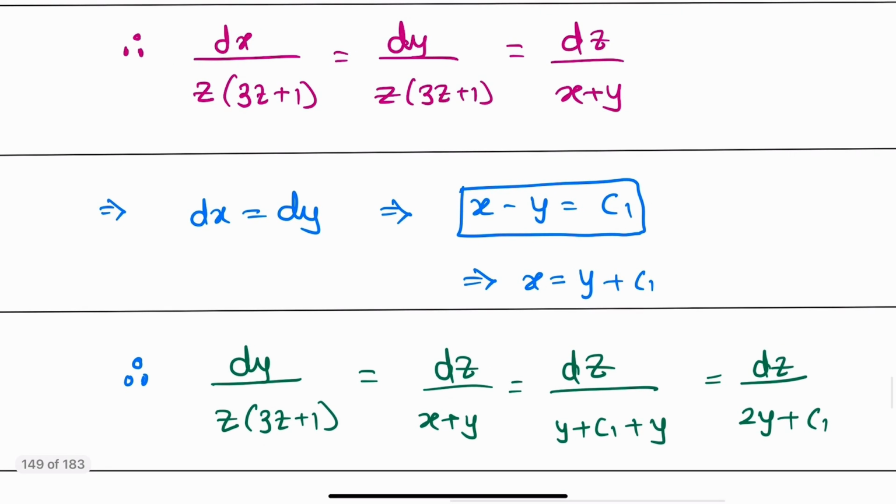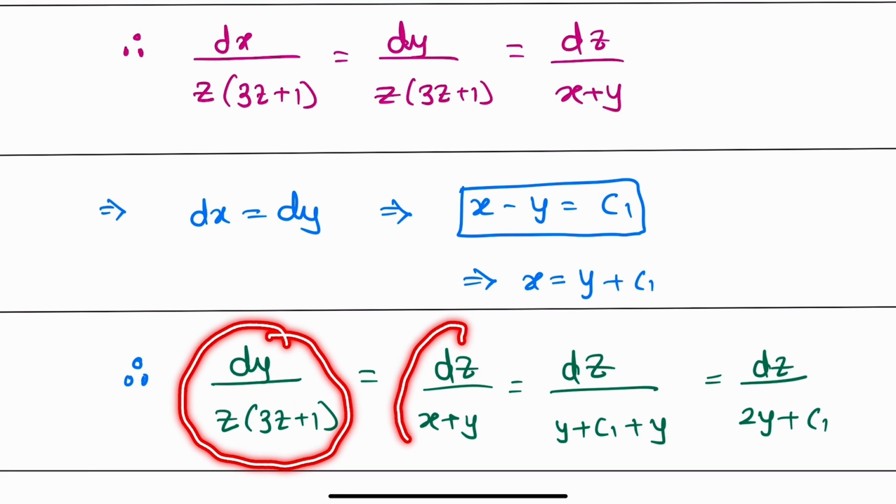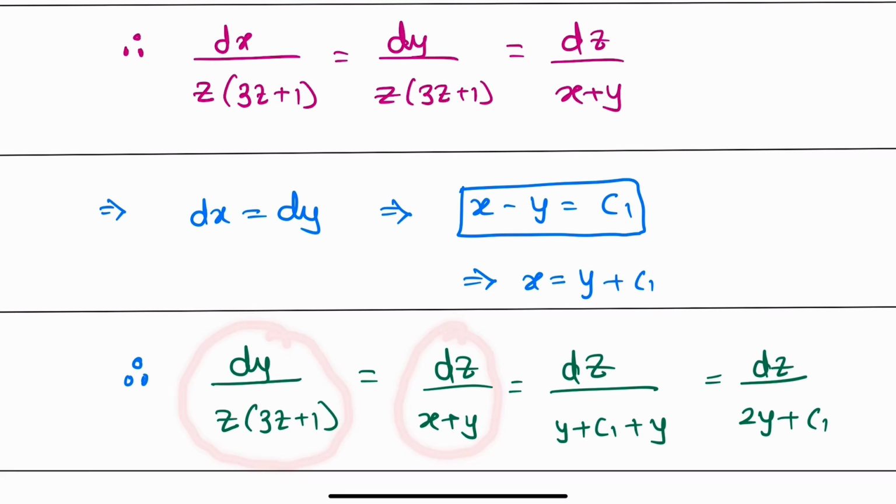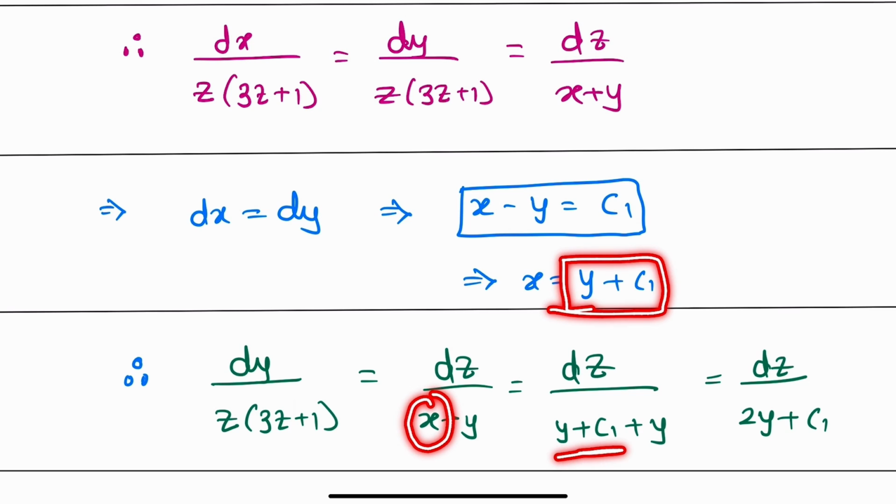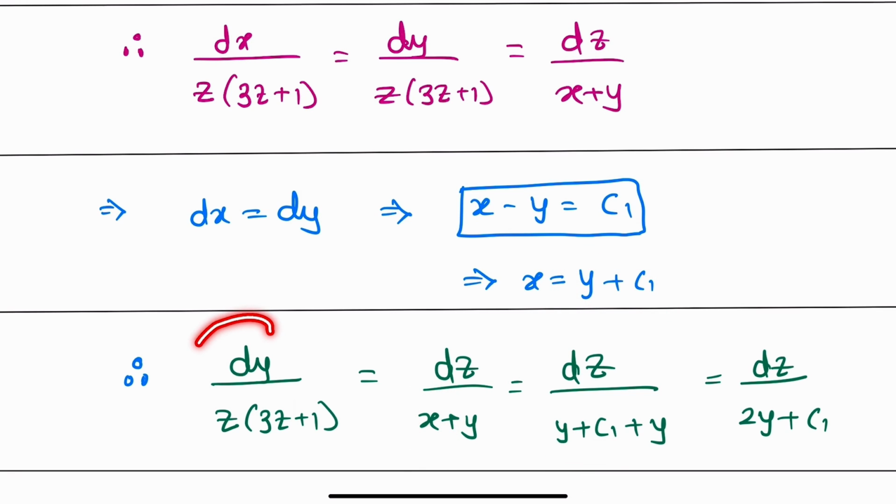What shall we get? dy upon z into (3z plus 1) equals dz upon (x plus y), and we have substituted x with y plus c1 here. So the final equation that we get is dy upon z into (3z plus 1) equals dz upon (2y plus c1).